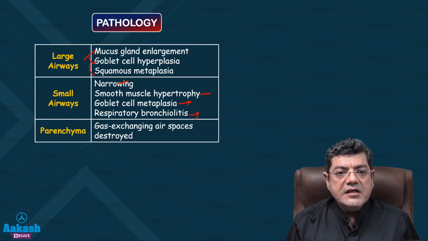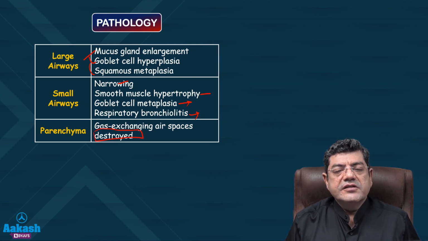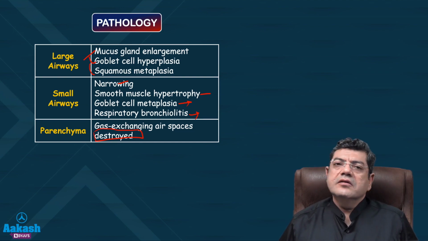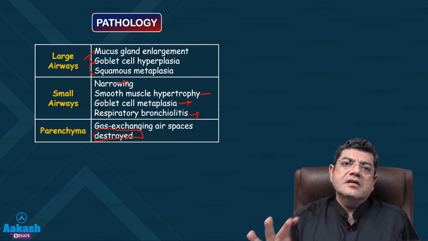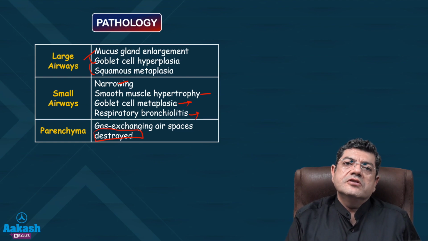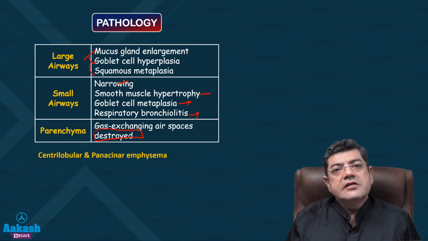Parenchyma, there is a destruction of the gas exchanging air spaces. That's summing up everything that happens pathophysiologically or pathologically in COPD patients. Centrilobular quickly, smokers, upper lobes. Panacinar quickly, alpha-1 antitrypsin deficiency, lower lobes.